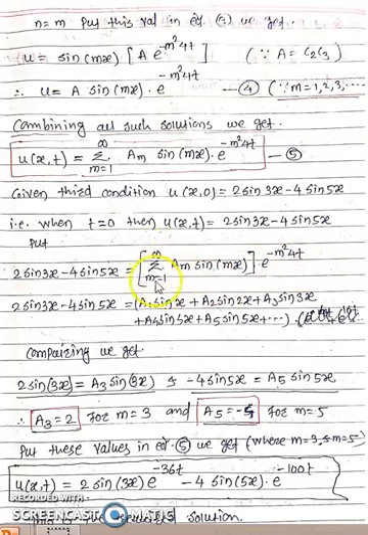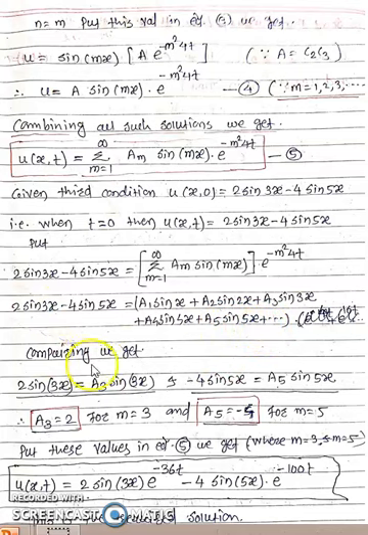So expanding this summation by putting the value m is equal to 1, 2, 3 and so on, we get 2 sin 3x minus 4 sin 5x is equal to, for m is equal to 1, a1 sin 1x plus a2 sin 2x for m is equal to 2 and so on, a3 sin 3x plus a4 sin 4x plus a5 sin 5x plus dash dash dash for the subsequent values of m.